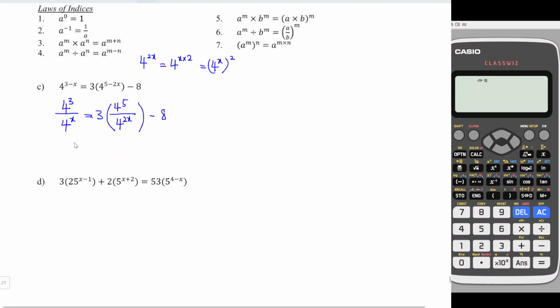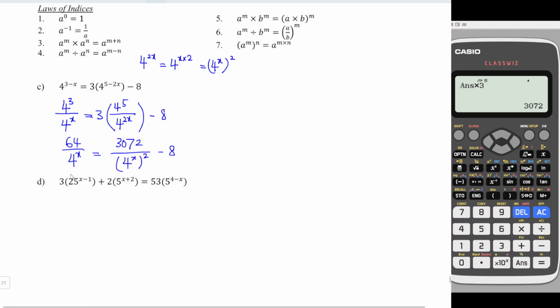So from here, 4 cubed is equal to 64. 64 divided by 4 to the power of x is equal to 3 times 4 to the power of 5, which is 1024. We can straight away times 3 and we obtain 3072. So we write 3072 over 4 to the power of x, squared, minus 8.